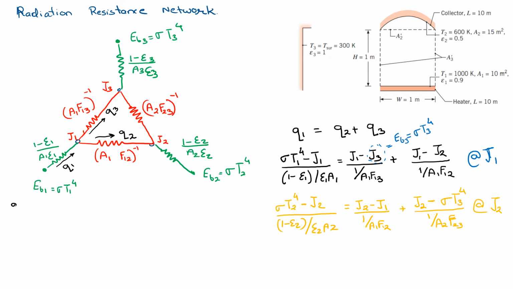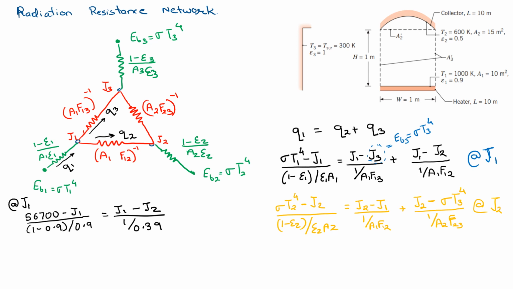So at J1 we will have 56700, which was sigma T1 to the power 4, minus J1 divided by 1 minus 0.9 divided by 0.9 equals J1 minus J2. We don't know J1 and J2, divided by 1 by 0.39, which was our view factor.